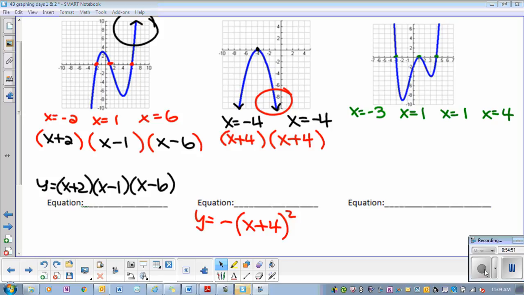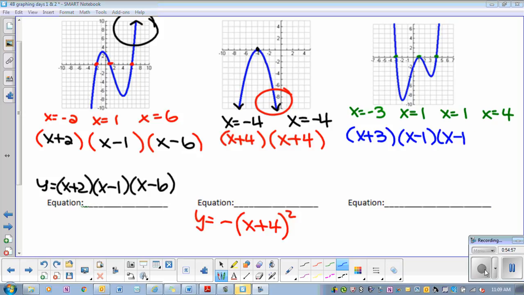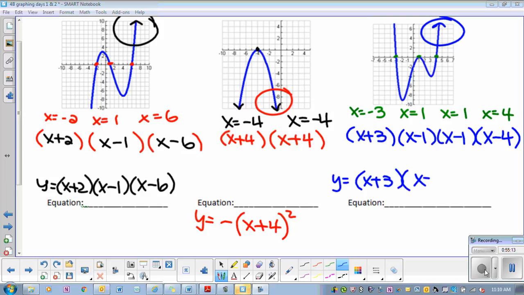Okay, so if I change all of these into factors, absolutely, yes. Good luck. Do I need to do anything to the y equals? No. And, by the way, it doesn't matter which order I put these parentheses in.